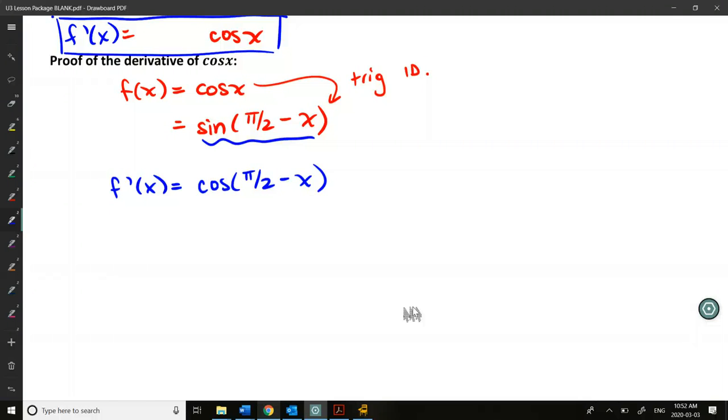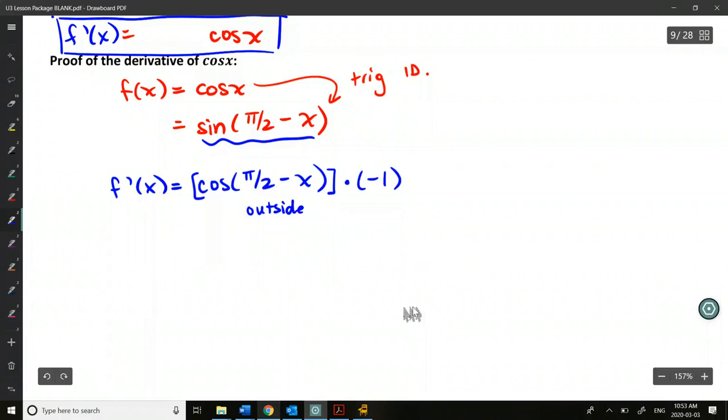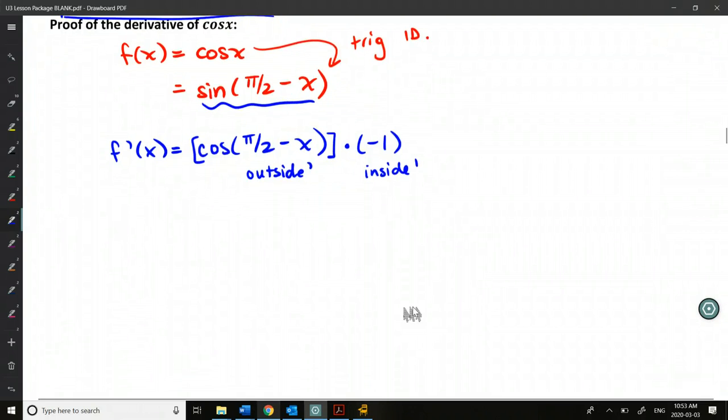So we have to do kind of like a little chain rule thing here. This is the derivative of the outside. What's the derivative of the inside? Negative 1, yeah. So this is outside prime. This is the derivative of the inside. Okay, so we're kind of doing like a chain rule thing here.